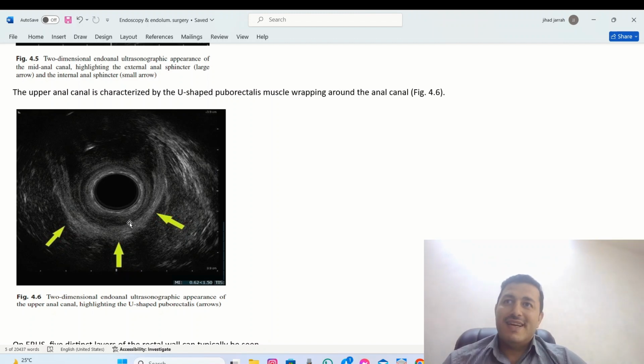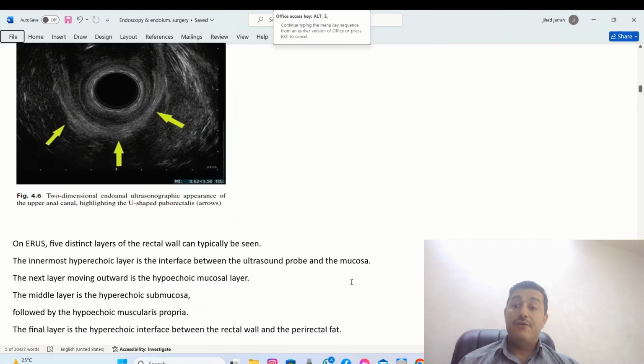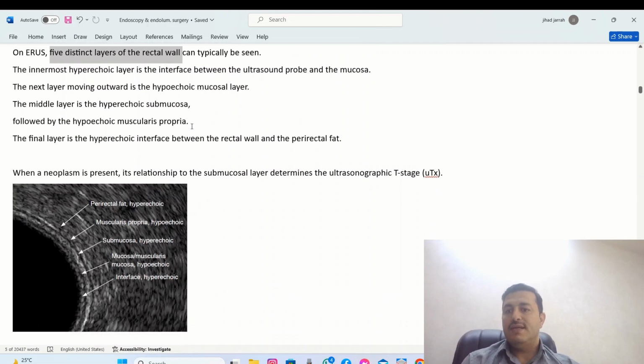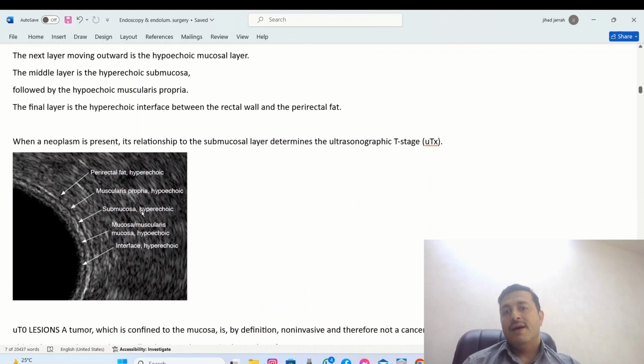Actually, it's extremely easy for a surgeon who can perform and read it, and extremely difficult for a surgeon who is not experienced. In the rectum, in the rectal ultrasound, the issues differ. In the rectum, we have 5 distinct layers of the rectal wall, as you see in this picture.